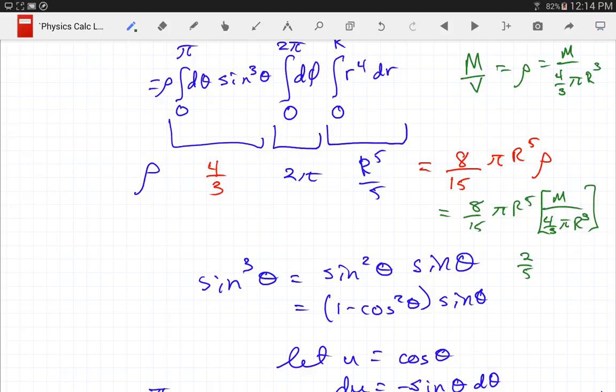Everybody convinced 8/15 divided by 4/3 is 2/5? And then the pi's cancel. 3 of the r's cancel. And there we go. Got the moment of inertia of a sphere rotating about its center.